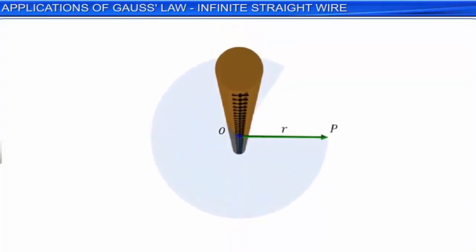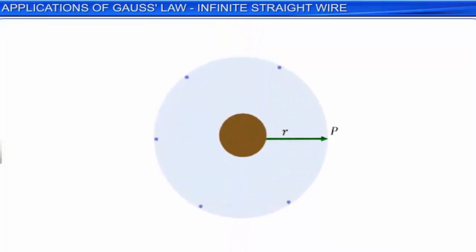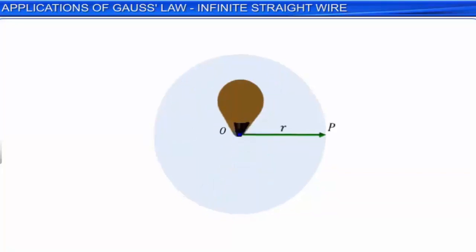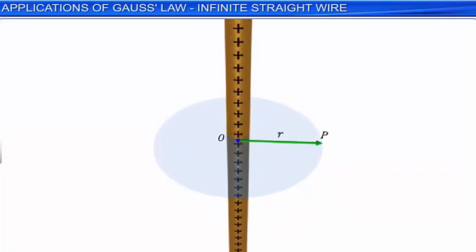Several points on the circumference of the circle obtained are equidistant from O. Hence, the electric field due to the charge on the element of the wire at O is equal in magnitude at all the points on the circumference. The direction of the field at any point on the circle is always radially outward.